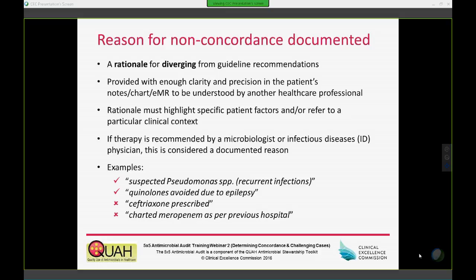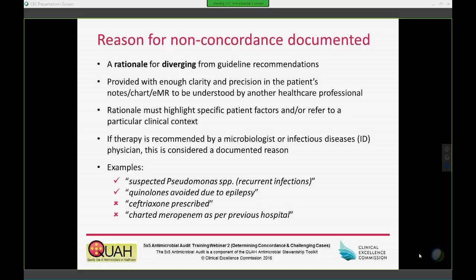That's also a reason for non-concordance being documented. However, simply writing that ceftriaxone has been prescribed in this circumstance, or that meropenem has been charted as per the previous hospital or as per the emergency department, does not really constitute a reason for non-concordance as far as the audit goes.